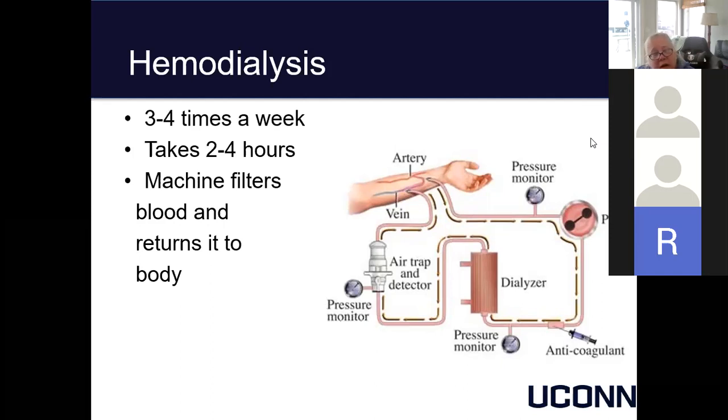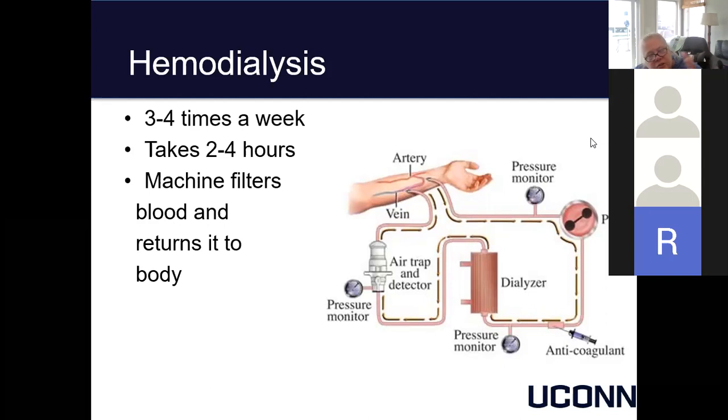You hook some tubing up to either your AV fistula, your AV shunt, or your external access, and blood flows out of the body through the machine, ends up filtering out toxins and fluids, returns back to the body cleaner than it was.